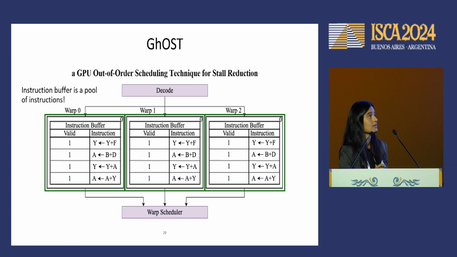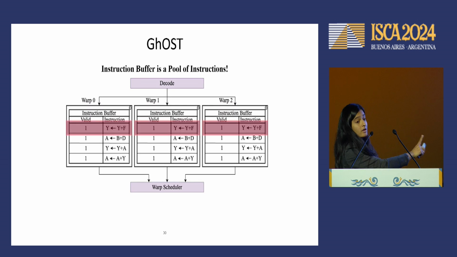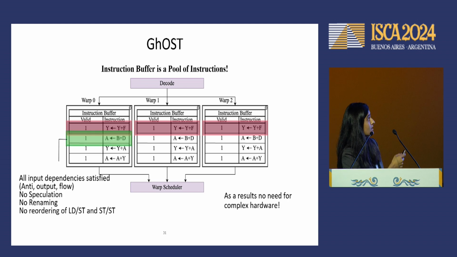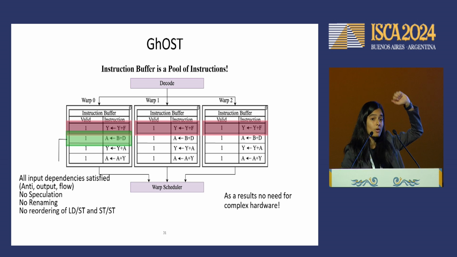What Ghost does is that it actually reimagines the instruction buffer as a pool of instructions. And now, even if all your oldest instructions were stalled, Ghost will actually go inside this instruction buffer and try to find an instruction which is ready for issue, whose dependencies are all satisfied, without using any renaming, reordering of loads and stores, or speculation.